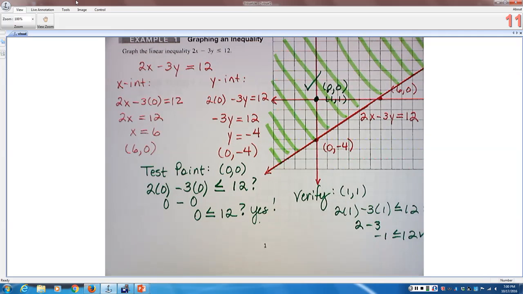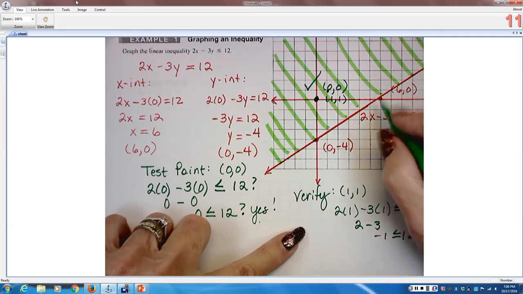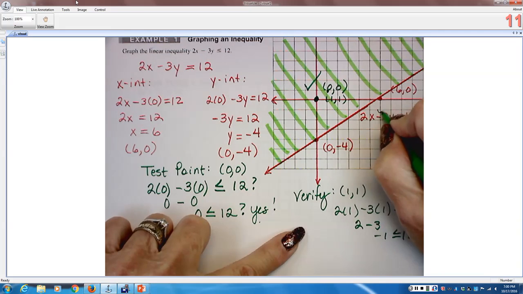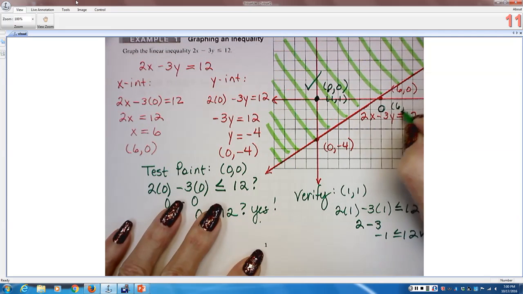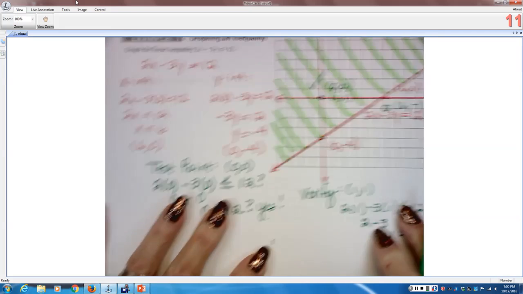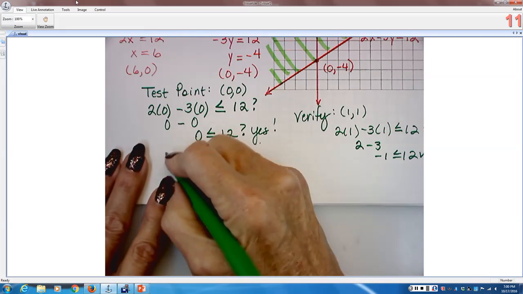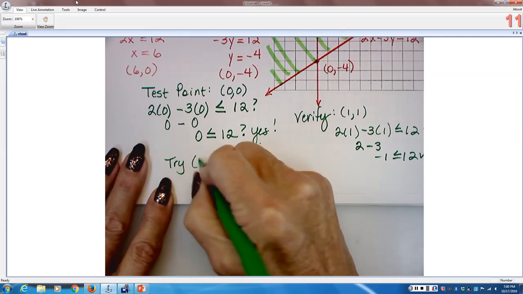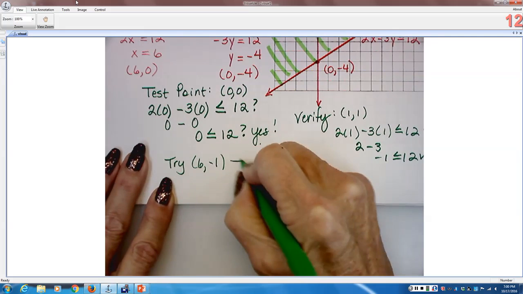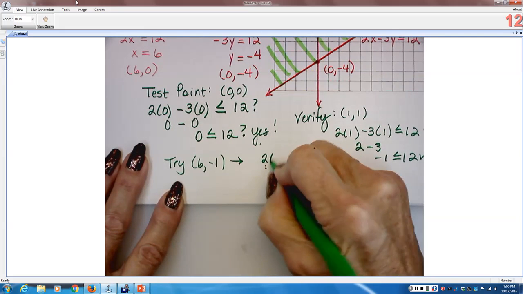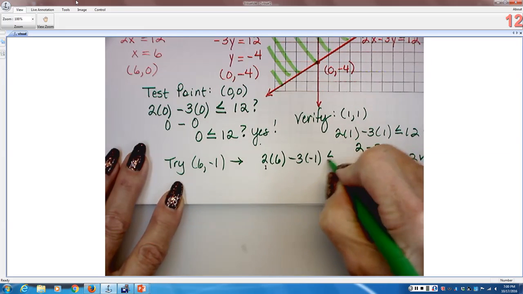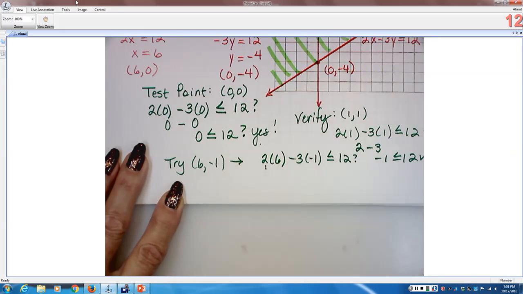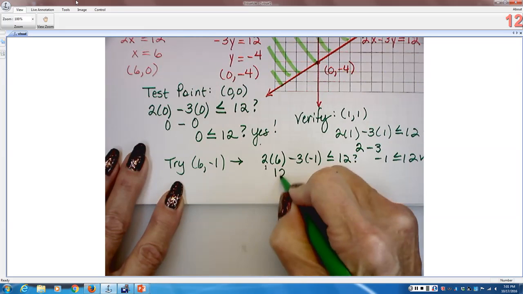But if I were to pick, for example, (6, -1), right there. And we try (6, -1), we're saying 2 times 6 minus 3 times negative 1 is equal to or less than 12. Well, 2 times 6 is 12.